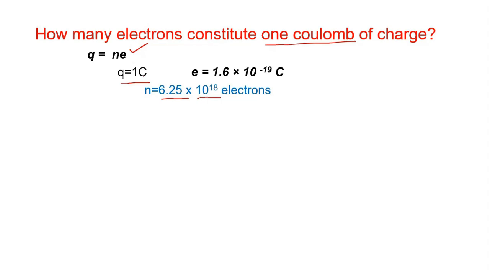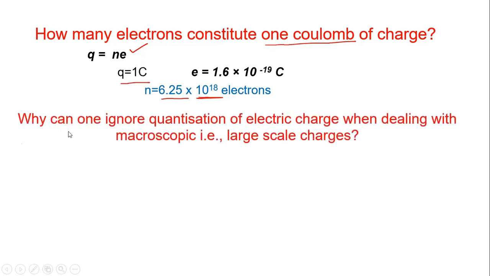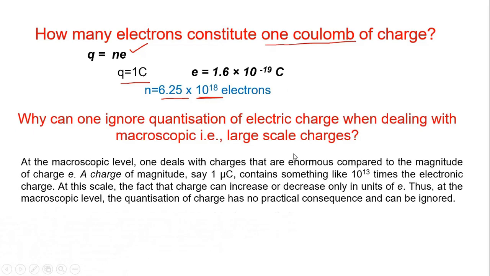See how huge a quantity of electrons is present in only 1 coulomb of charge. So at this stage the quantization of charge can be ignored and it becomes a continuous quantity. Now the next question is, why can one ignore quantization of electric charge when dealing with macroscopic, that is large scale, charges? Because at macroscopic level one deals with charges that are enormous compared to the magnitude of the charge E. Just now I have shown you that in 1 coulomb of charge we are dealing with 10 to the power 18 electrons.